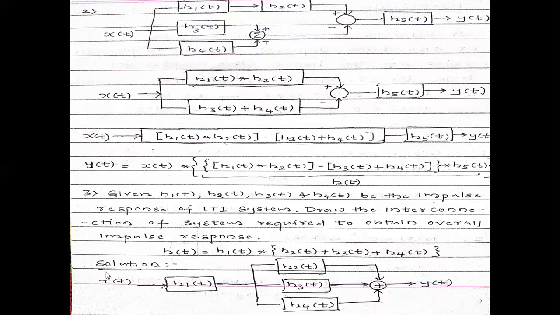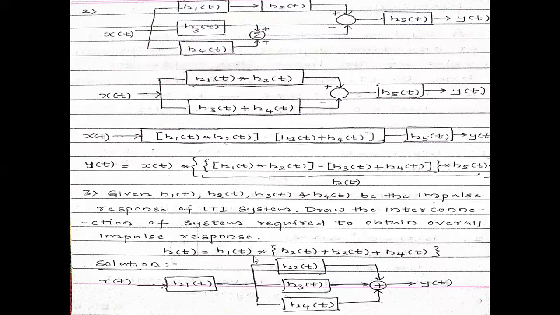So here at the left side we have input, and right side there will be output y of t, and in between there should be the overall impulse response of the system, and that is given in the problem statement by h of t is equal to h1 of t convolution, inside the flower bracket, h2 of t plus h3 of t plus h4 of t.